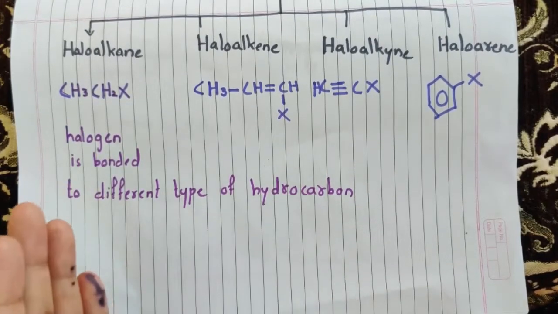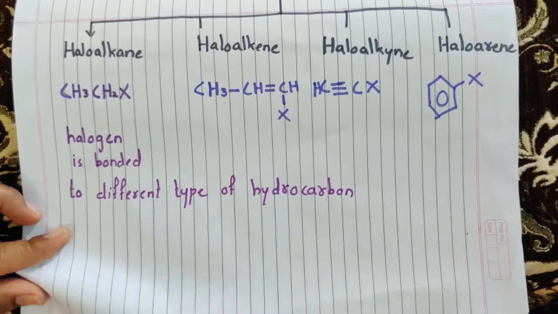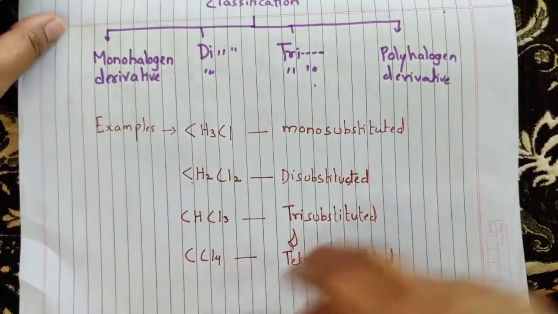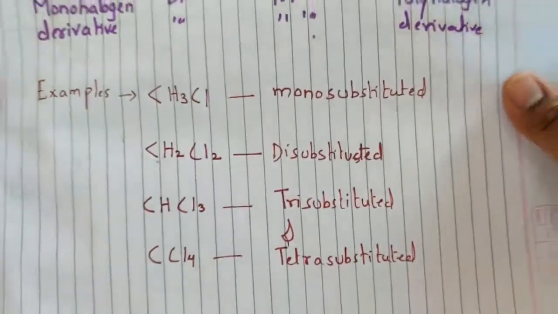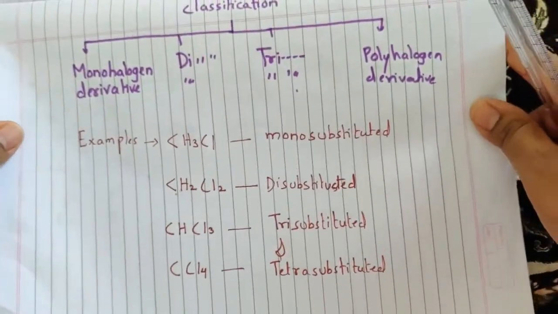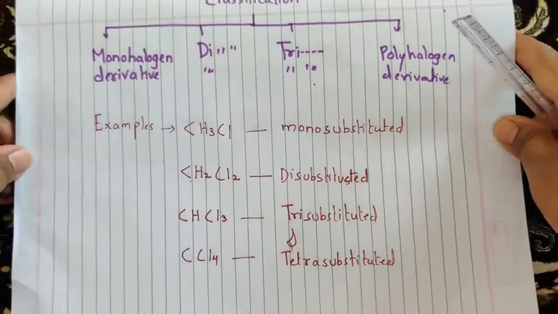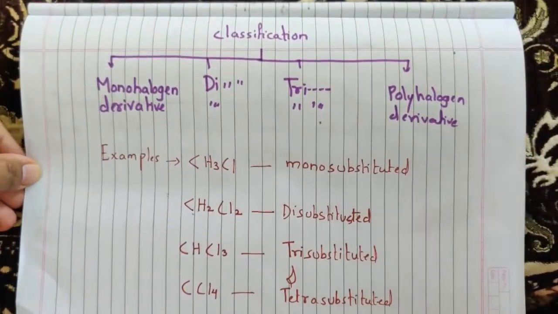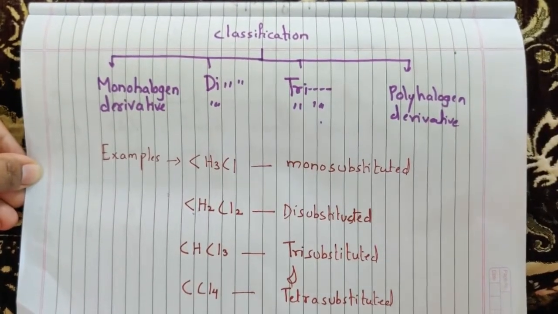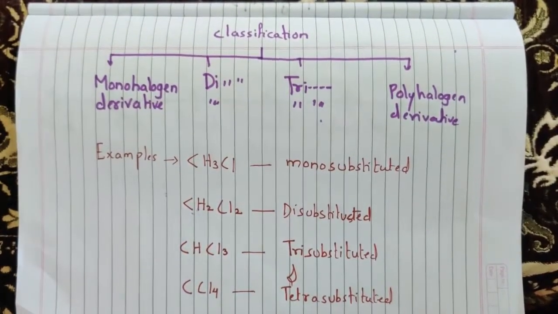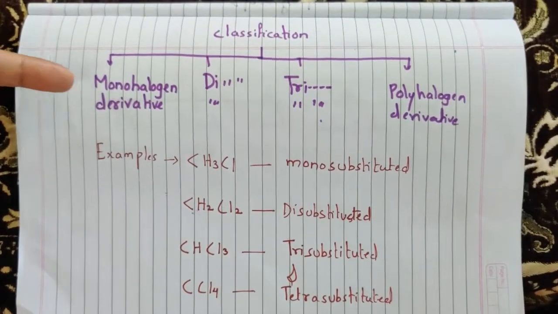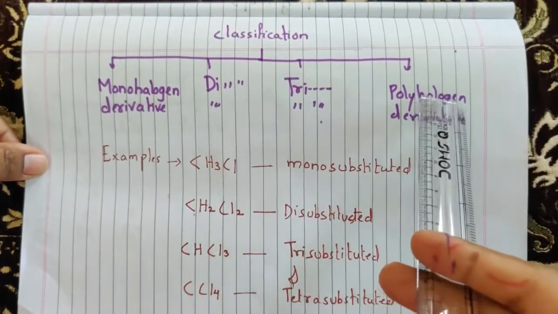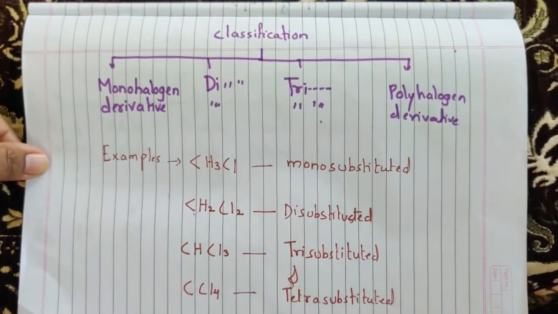Now apart from this, we can also classify the halogen derivative on the basis of number of halogen atoms that are being substituted to our parent hydrocarbon. It could be anything, haloalkane, alkene or alkyne. So on the basis of number of halogens that we are adding to the particular hydrocarbon, we can classify the halogen derivative as monohalogen derivative, dihalogen derivative, trihalogen derivative and polyhalogen derivative.